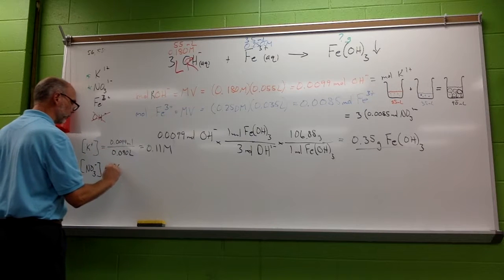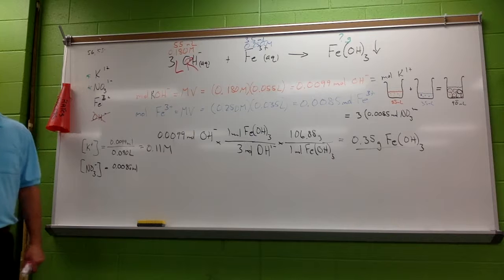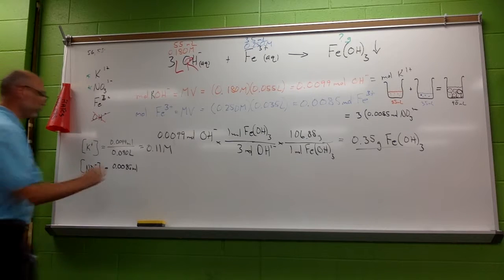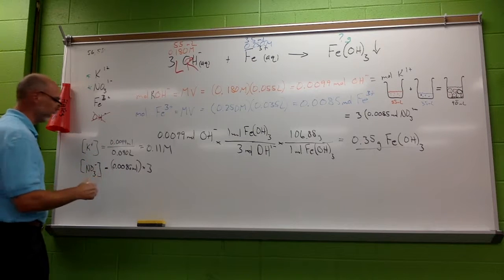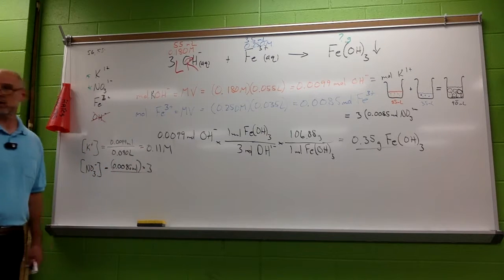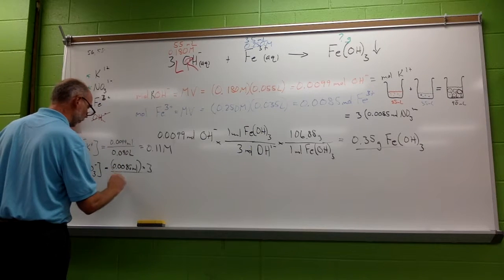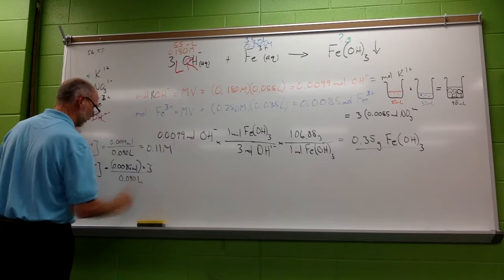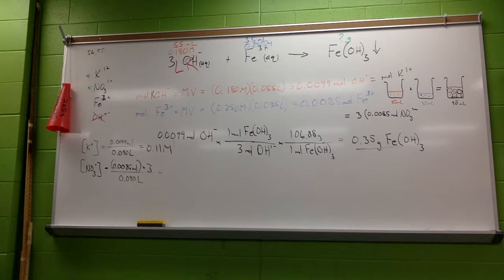You can either recognize that there's 0.0085 moles of iron nitrate times 3. That would probably be the best way to do it. And what's my volume that those moles of nitrate ion are in? 90 milliliters, or 0.09 liters. I'm not sure what that comes out to be.